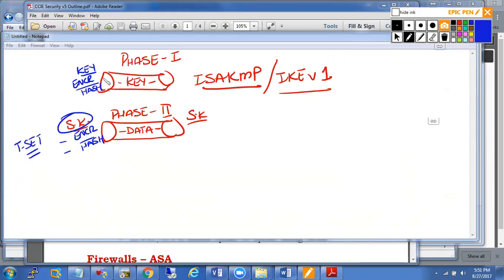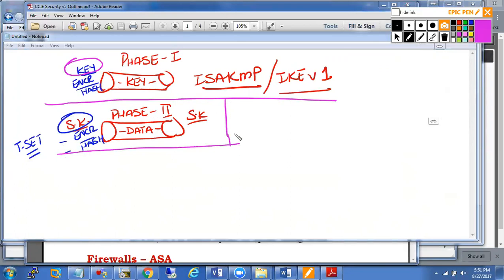Now, what we're going to do with the certificate authority, the CA server, is work on this key to make this key a little bit more secure. So whatever we're going to talk about over here really pertains to phase 1. It does not affect the way phase 2 is done. Phase 2 is still done the exact same way.